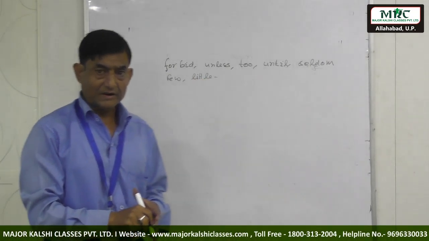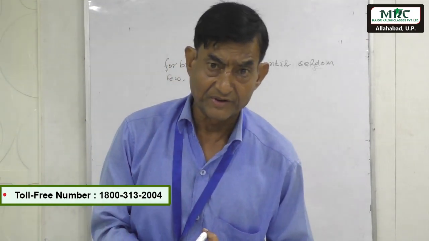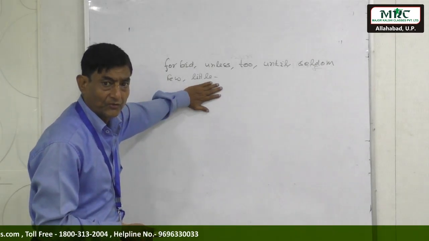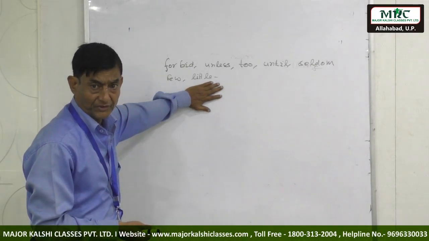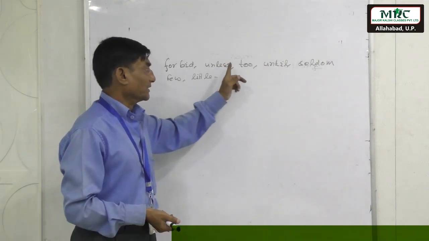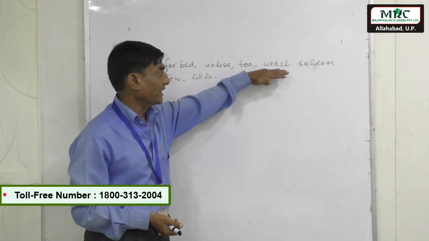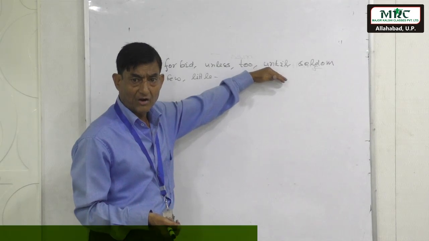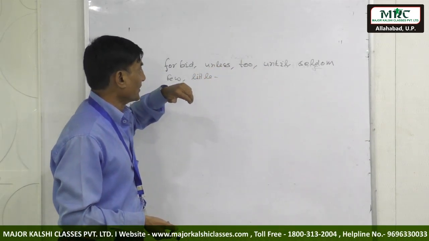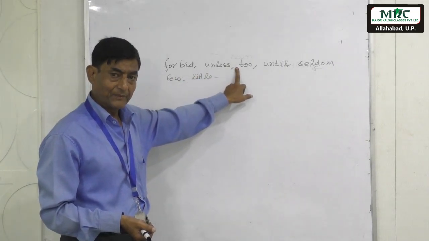These are the words that contain a negative sense with them, and we have to take care that we cannot use not with these. In this case, if a negative word comes in the same clause where these words are used, it's a wrong application. We can never use not with any of these in the same clause.